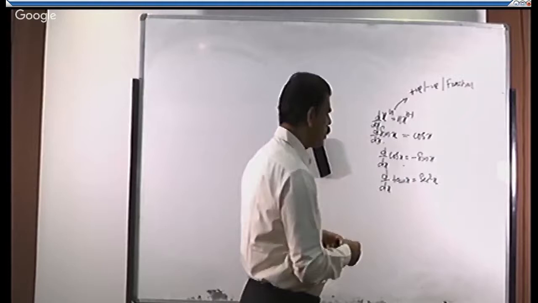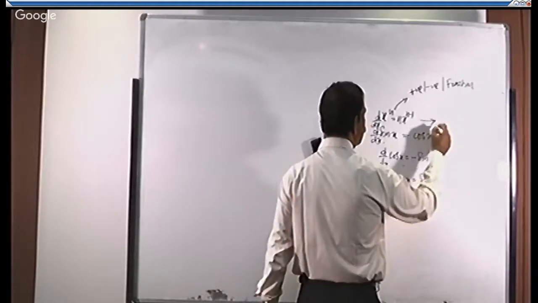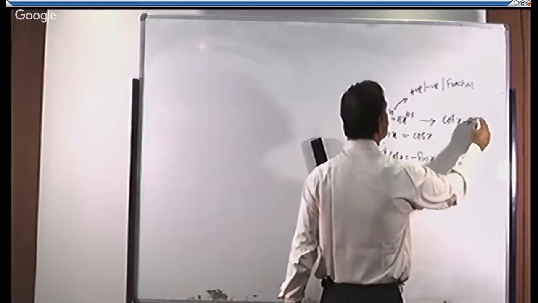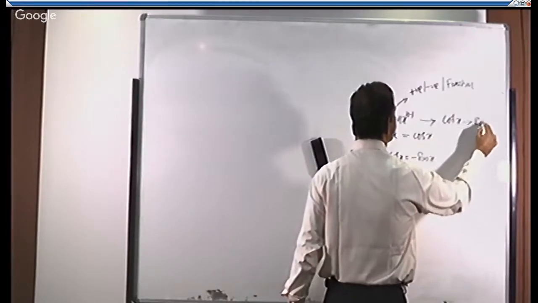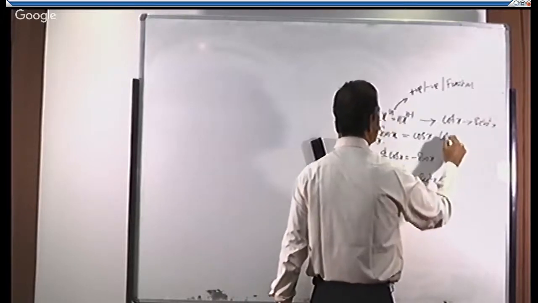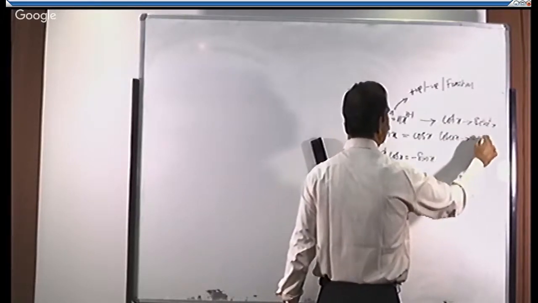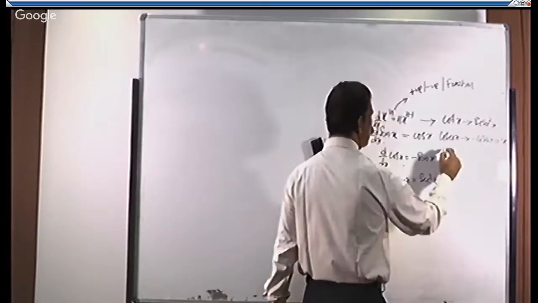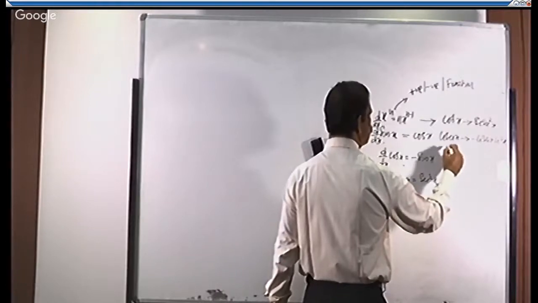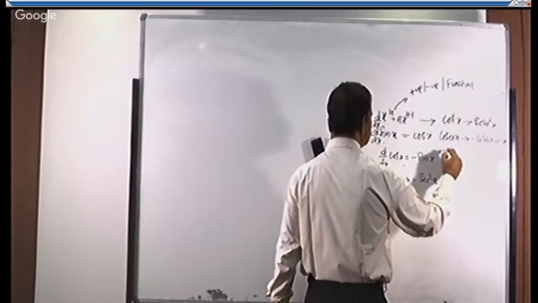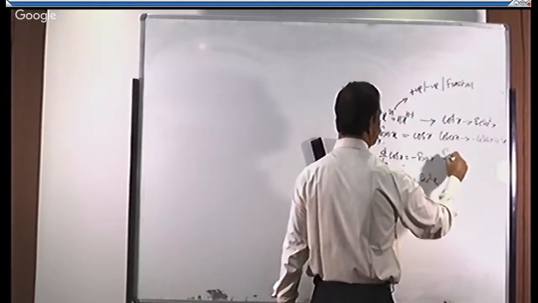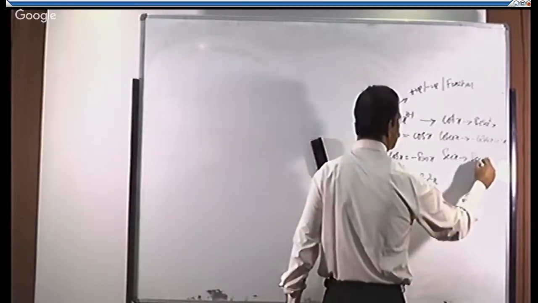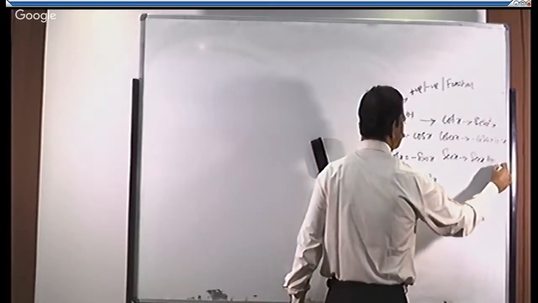Like this, we can differentiate cot x. For cot x, we will get minus cosecant square x. For cosecant x, we will get minus cosecant x into cot x. For secant x, it is secant x into tan x.